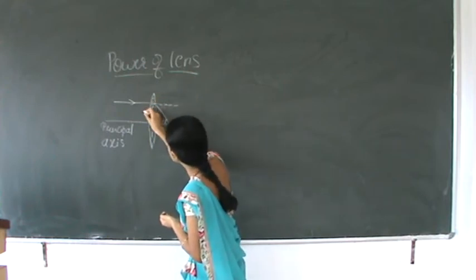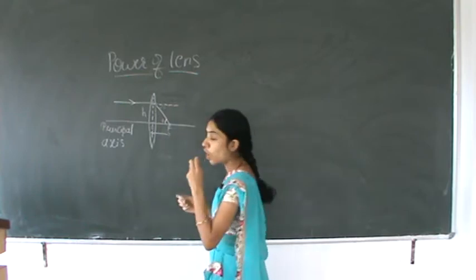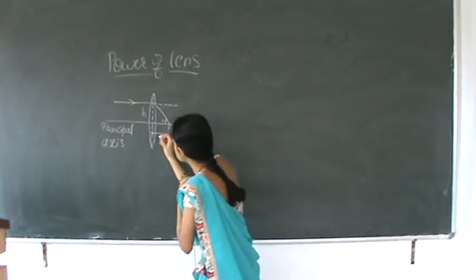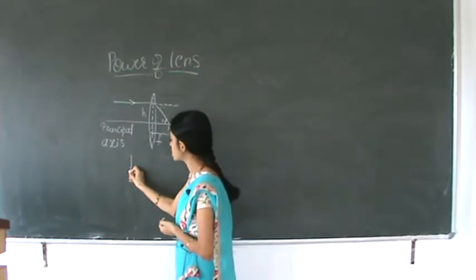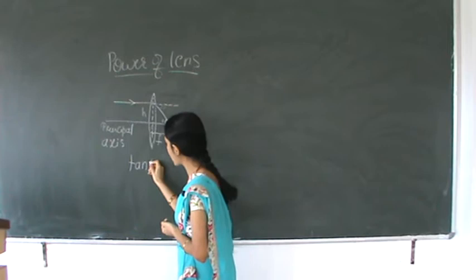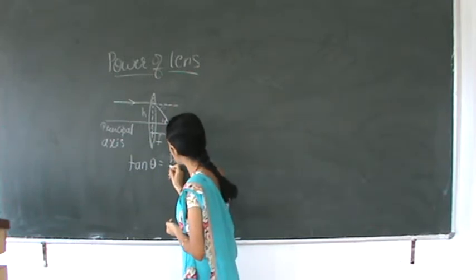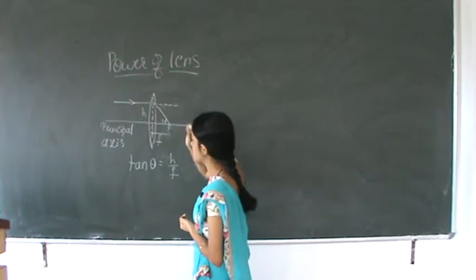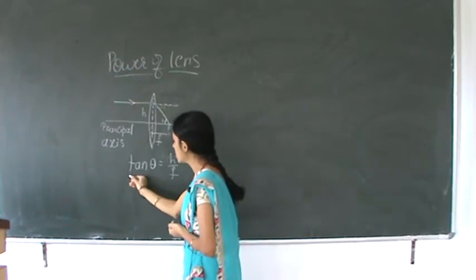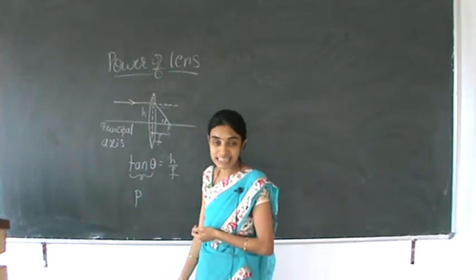Let this distance be h. You know the distance from the optic center to the principal focus is the focal length. For the amount of convergence, tan theta will be equal to h by f. Here tan theta itself is the power of lens.